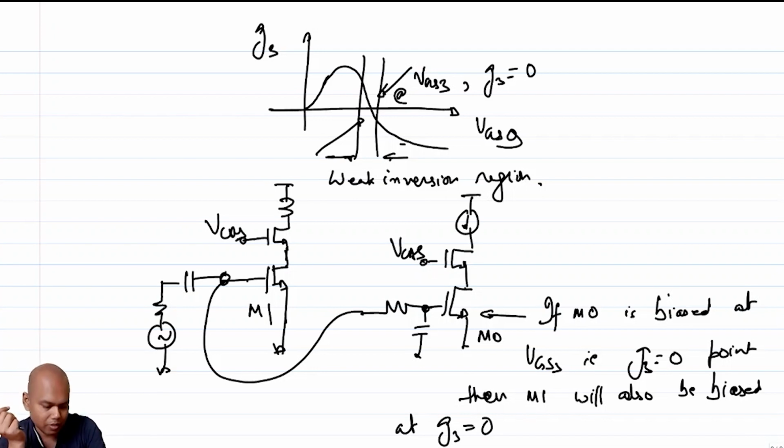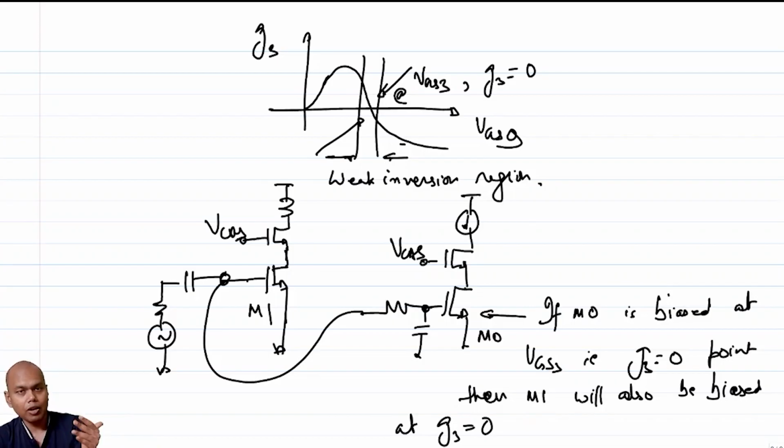There are architectures and patents that work on making sure that your circuit always gets biased at G3 equal to 0 using some replica based negative feedback mechanisms. But the key point is to notice that if you plan to design your circuit leveraging this G3 equal to 0 feature of MOSFET, then you need to have some way of ensuring that across variations of process and temperature, where this curve can also move around, you always bring your bias point back to G3 equal to 0.